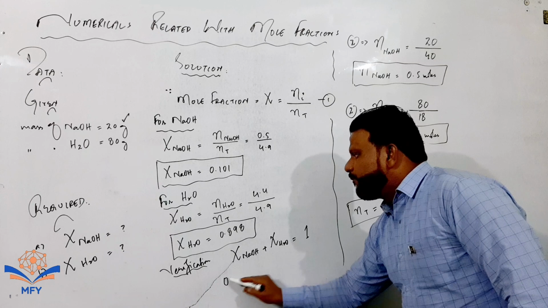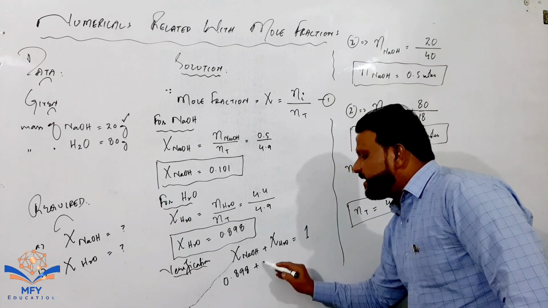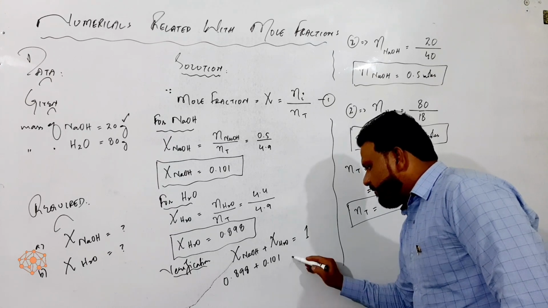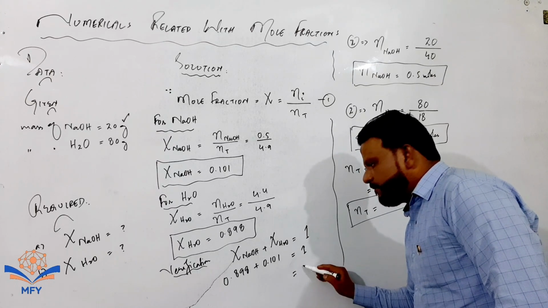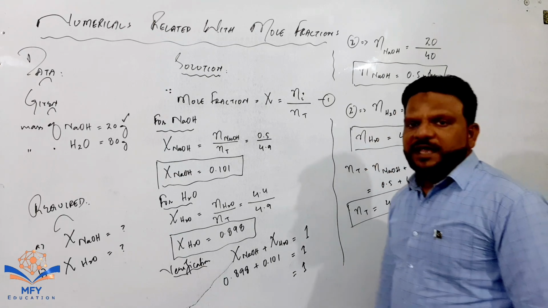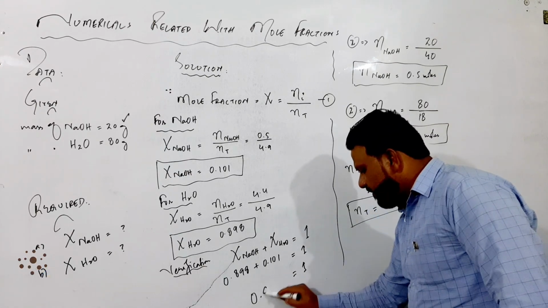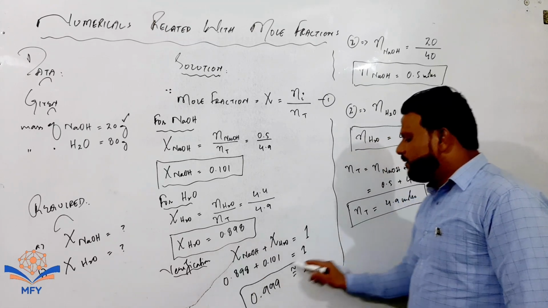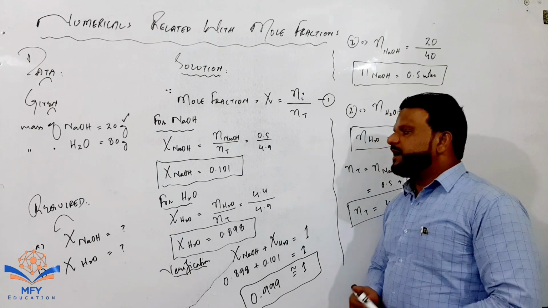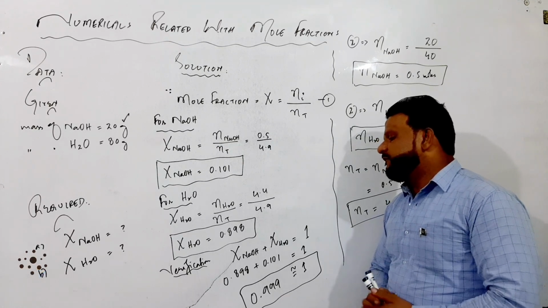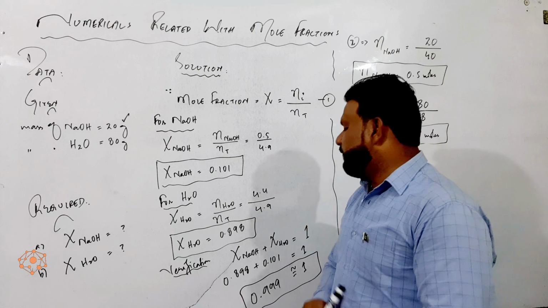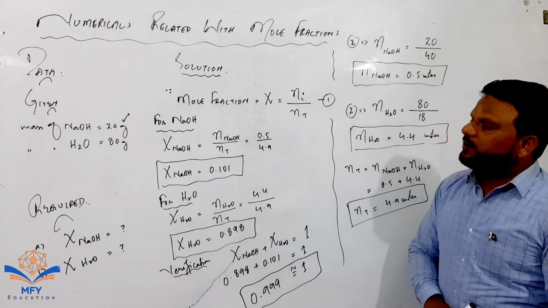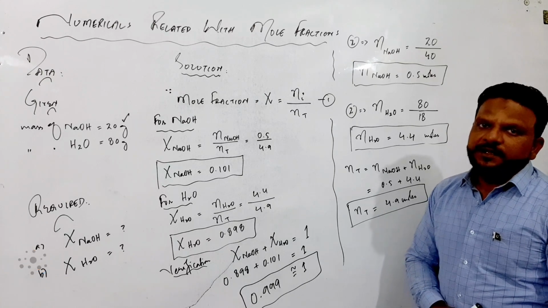Now 0.898 plus 0.101, the summation becomes 0.999. It means that it will be approximately equal to 1. It has been verified that the summation of mole fraction of NaOH and mole fraction of water is equal to 1. It means that we have done the right numerical with the right technique.